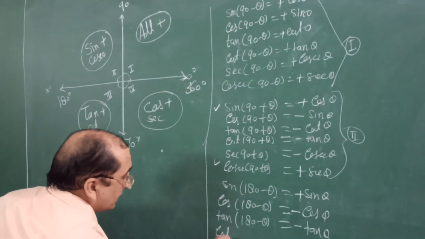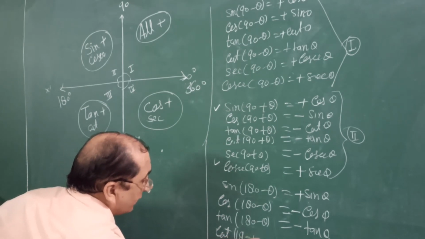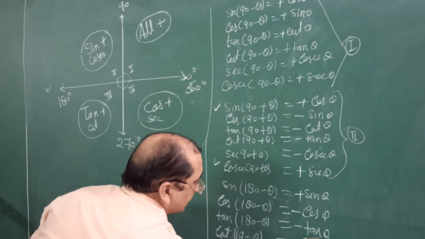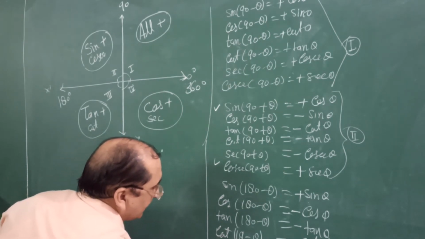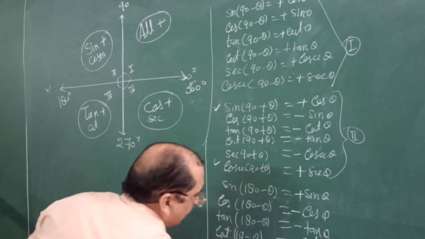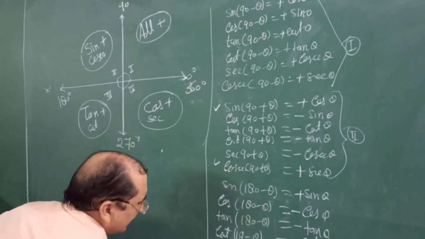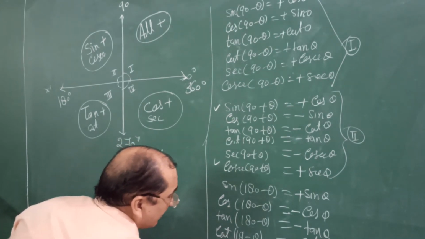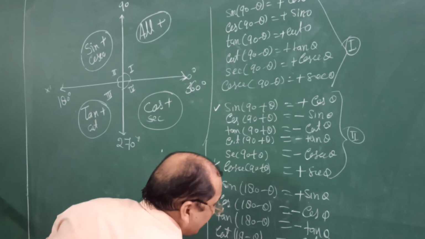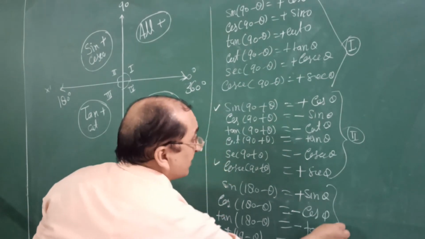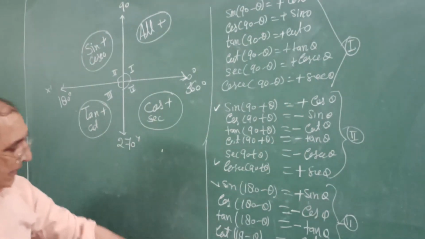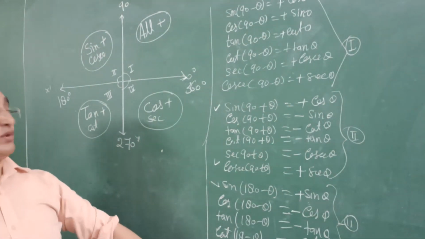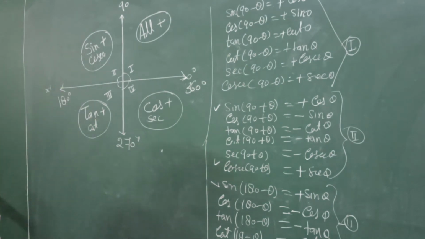Same way, cot 180 minus theta equal to minus cot theta. Sec 180 minus theta equal to minus sec theta, and cosec 180 minus theta equal to plus cosec theta will come, because we know that in the second quadrant only two values, sine and cosec, are positive, and the rest of them are negative.